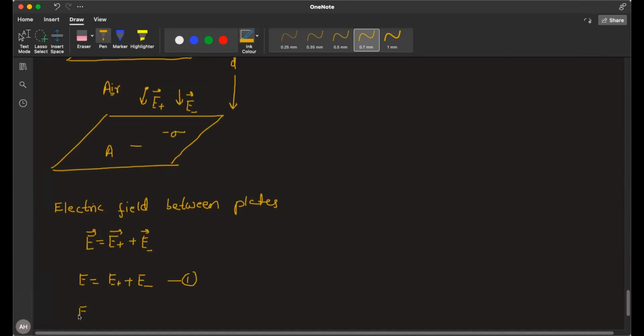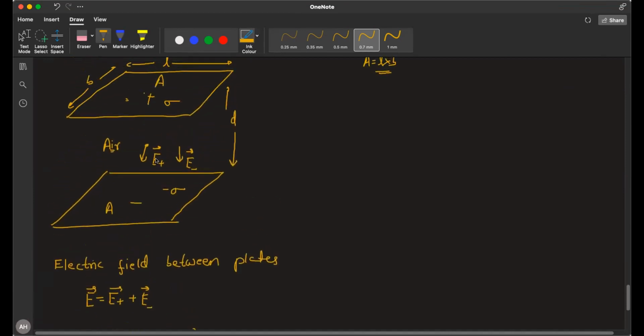Now the surface charge density of the plate is sigma. How much is E plus? Does anyone remember the expression of electric field due to an infinite plane sheet? Sigma by epsilon naught? Okay. What's the expression of field due to an infinite plane sheet?